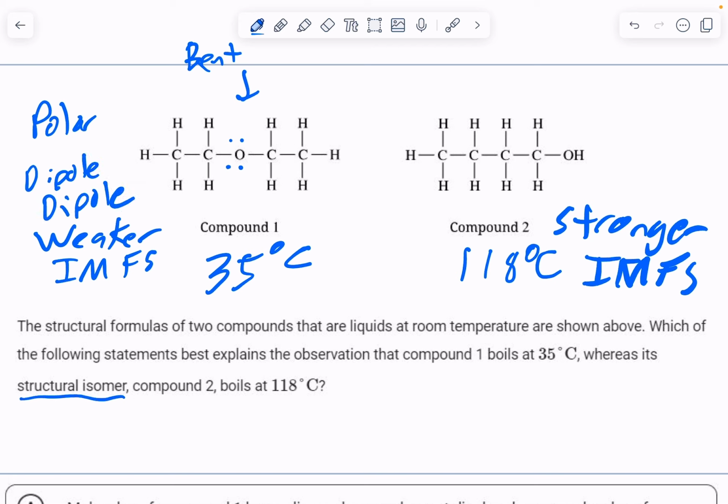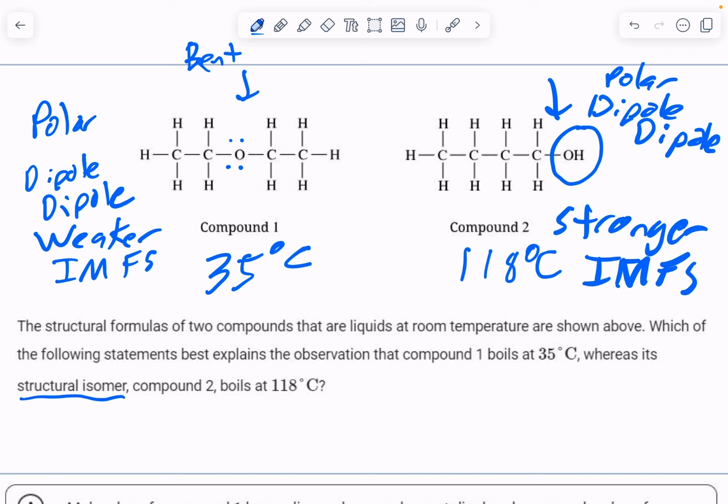Looking at this molecule, because of this OH over here, it is also polar, and it forms dipole-dipole forces. But we also talked about how if there is an oxygen, fluorine, or nitrogen bonded to a hydrogen, it also does hydrogen bonding. Whereas in compound 1, there is no hydrogen attached to the oxygen, so it cannot do hydrogen bonding.